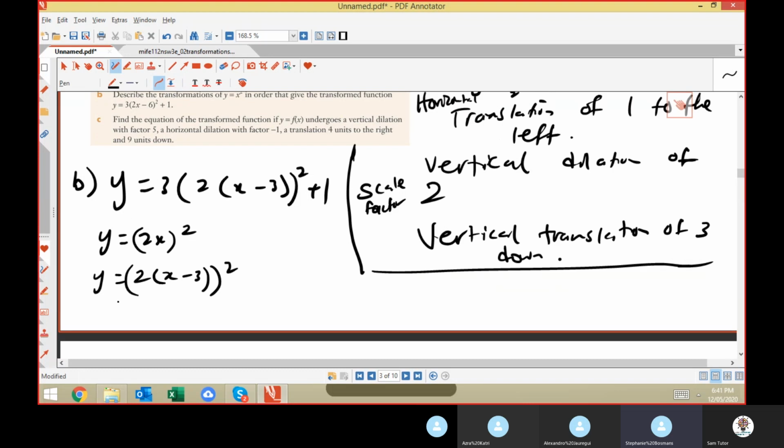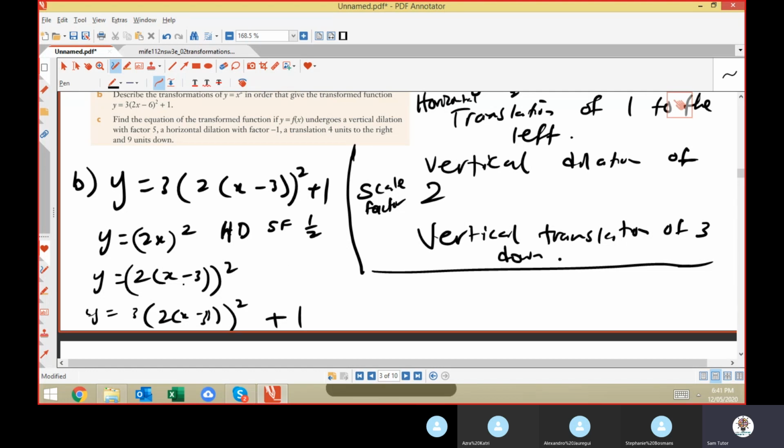I'm going to multiply that by 3, and then we're going to shift it up 1. So pretty much, attached to the x is a horizontal dilation, scale factor of half.